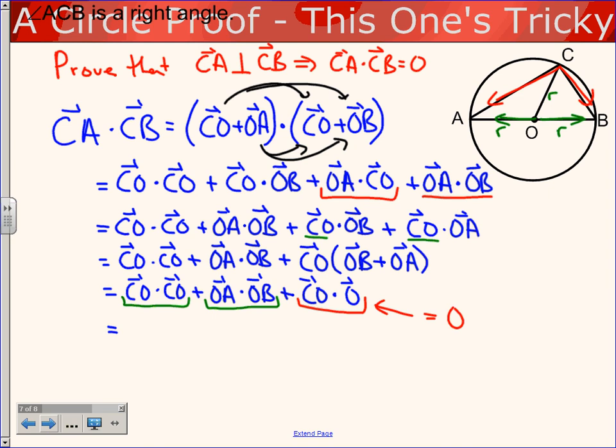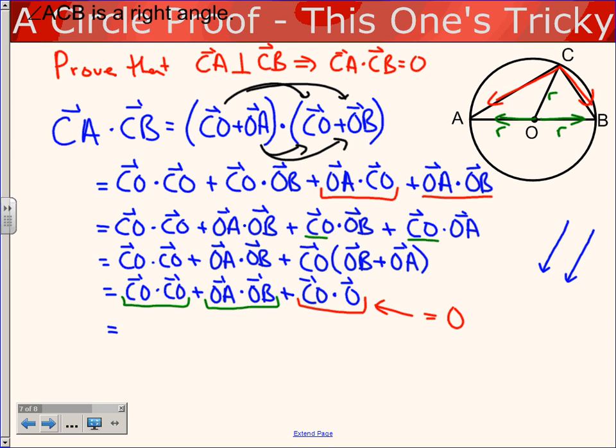So now what we need to do is actually calculate it using our original dot product definition. So CO dot CO. Let me see if I can put that here for you. There's CO. And then here's another CO. So there's my two vectors, and I'm dot producting them together.